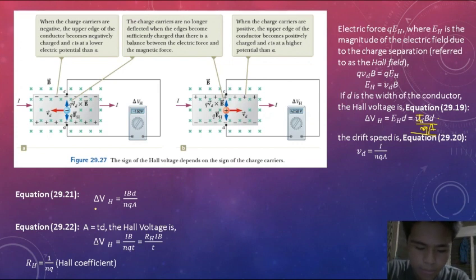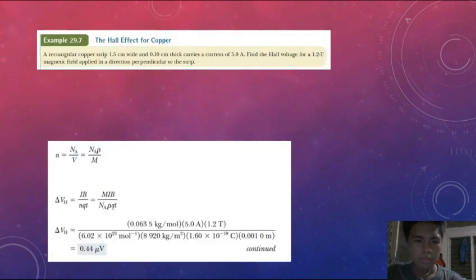So that is the Hall voltage. But because A is equal to the width times the thickness, the Hall voltage is equal to RH IB over t, in which RH is equal to 1 over nq, which is called the Hall coefficient.